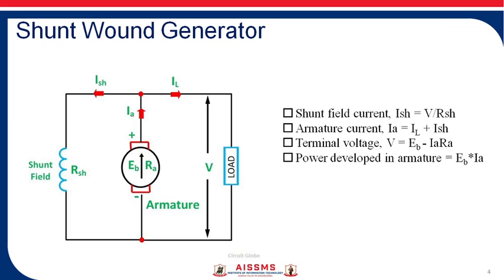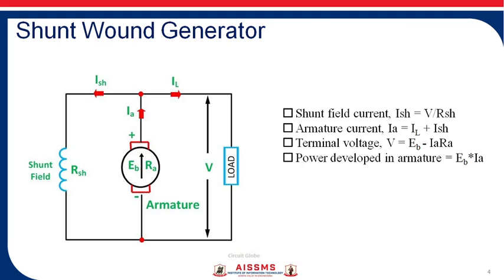The next type which we are going to see over here is the self-excited DC generator. In that, the first type is the shunt wound DC generator. In this shunt wound DC generator, you can see over here the field winding is connected in parallel with the armature winding. So the supply which is available to the field winding to make the electromagnetism is coming from the armature winding.